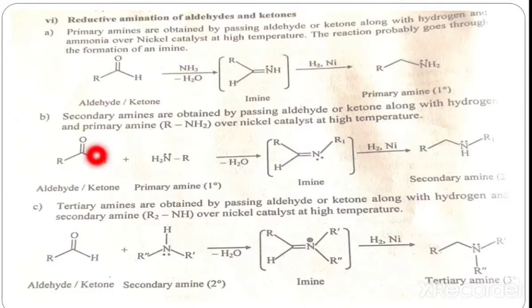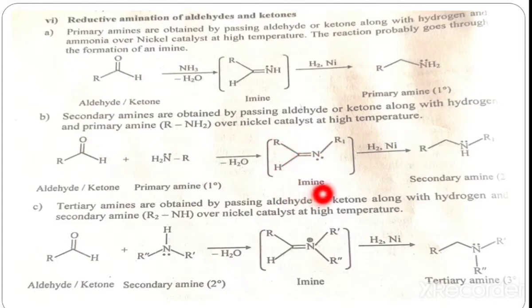Here R-C double bond O-H, the aldehyde or ketone, is treated with the primary amine, R1-NH2. In the mechanism, the nitrogen carrying the lone pair attacks the carbonyl carbon, and the carbonyl becomes OH. In the next step, minus H2O, we get the imine. C double bond O becomes C double bond N, with R1 on the nitrogen.